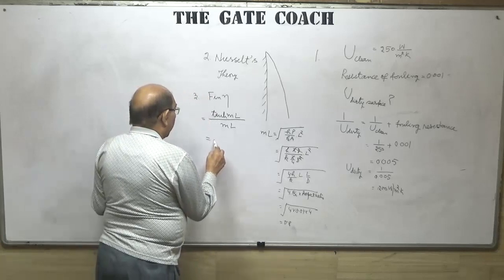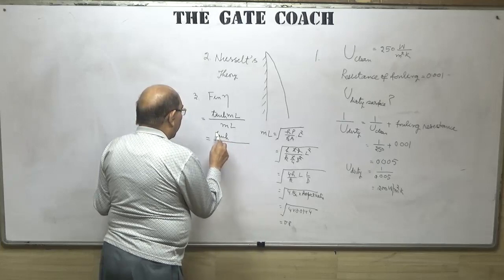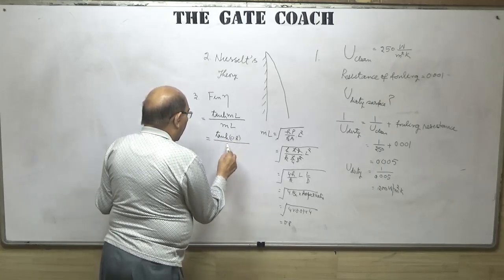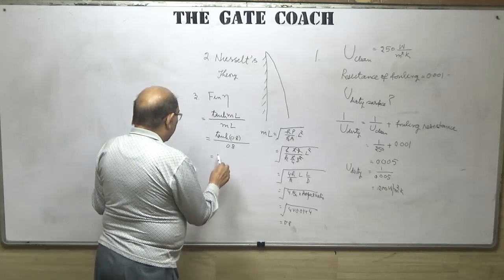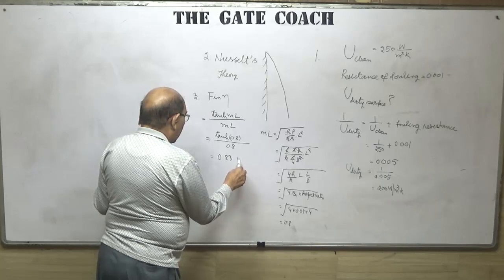Thus, this fin efficiency becomes tanh(0.8) upon 0.8. If you see this, it is 0.83.